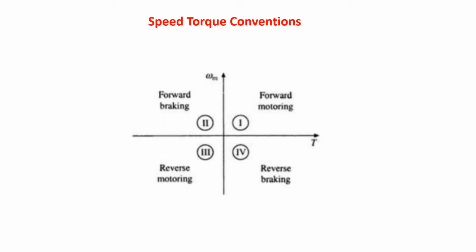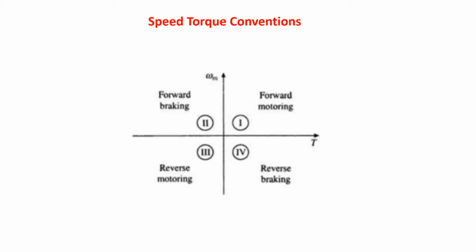In the case of quadrant 3, the direction of torque and the direction of speed are both negative, but your power is positive. That means power flows from motor to load, but in the reverse direction. So that's why it is reverse motoring operation. In quadrant 4, your torque is positive and your speed is negative.